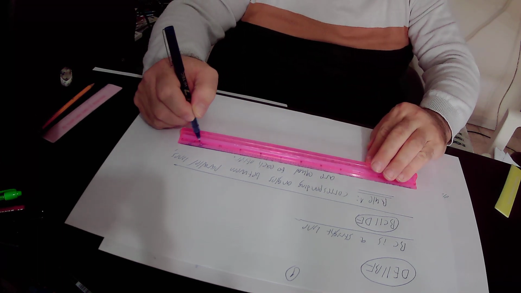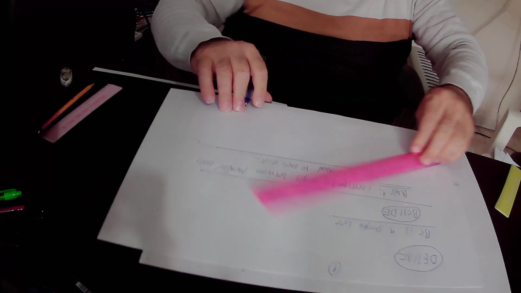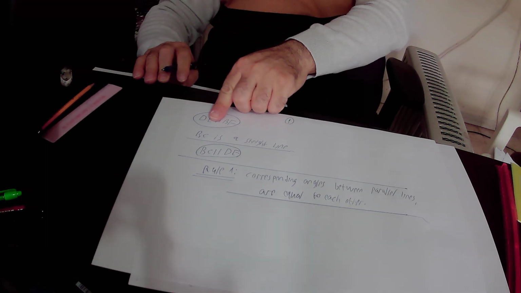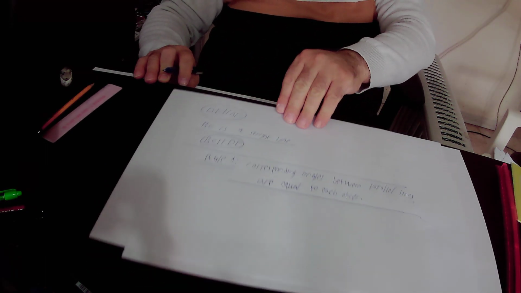So I will read rule number 1 again. According to rule number 1, corresponding angles between parallel lines are equal to each other.